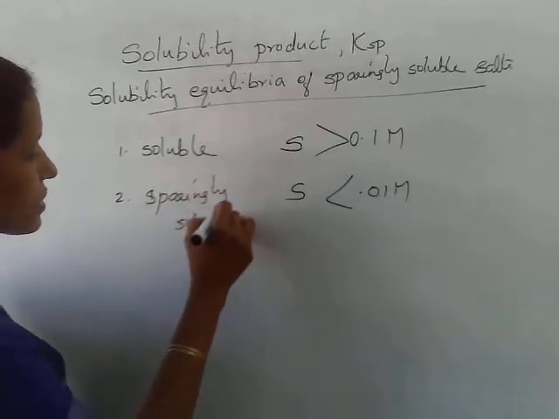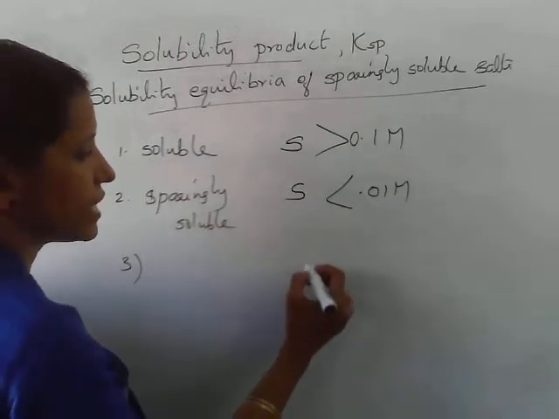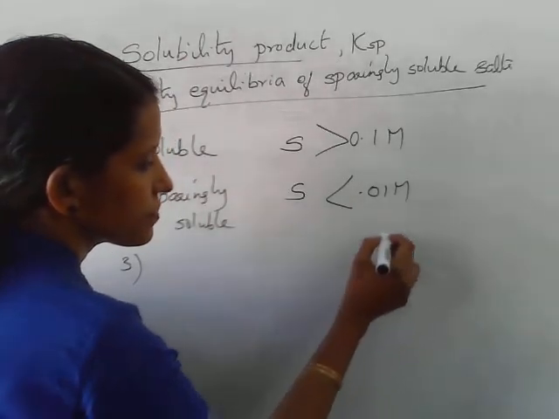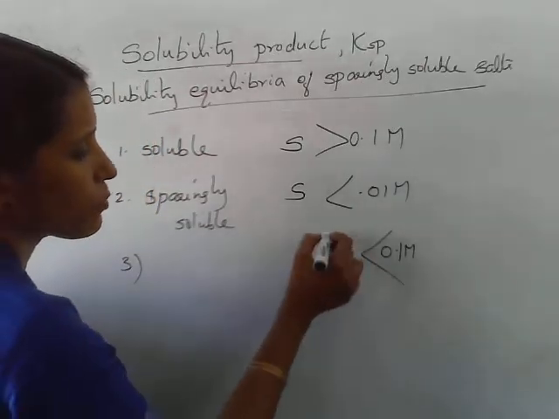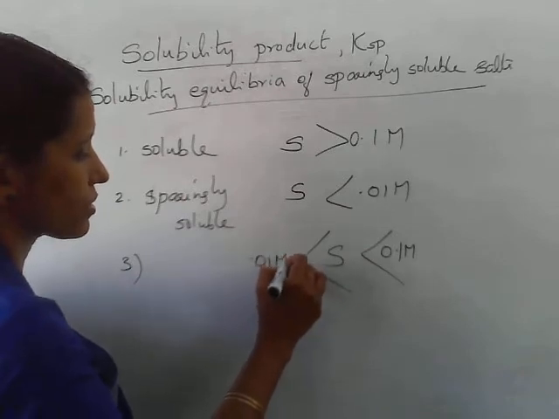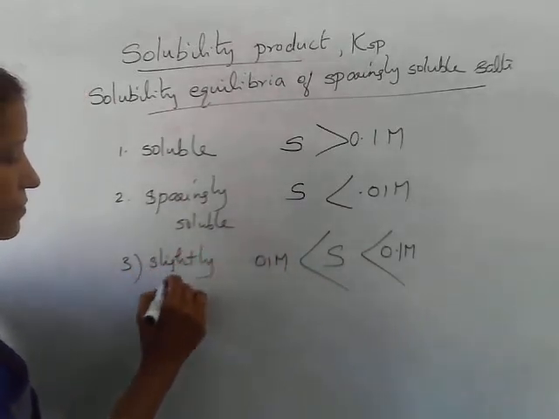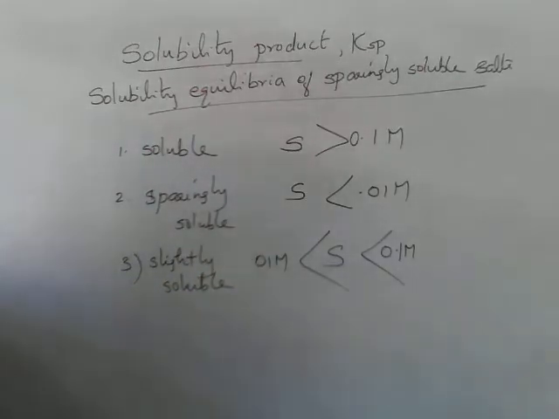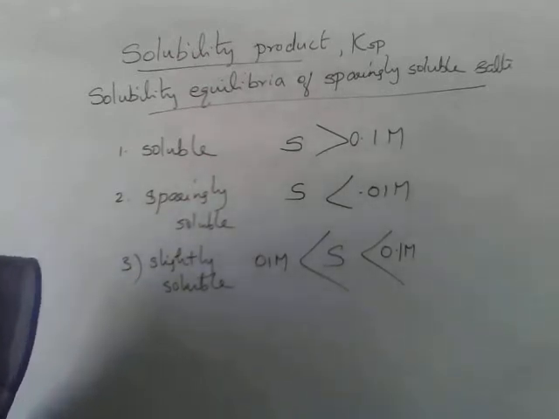If the solubility is intermediate, that is less than 0.1 molar and more than 0.01 molar, the salts are called slightly soluble. So depending upon solubility, salts are of three categories: soluble, sparingly soluble and slightly soluble.